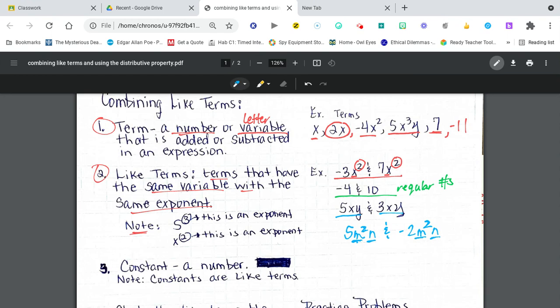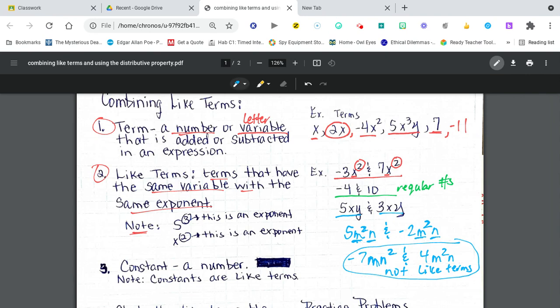But don't get mixed up because if you see something like this, these are not like terms. These two aren't. Because this is an m and this n has an exponent of 2.